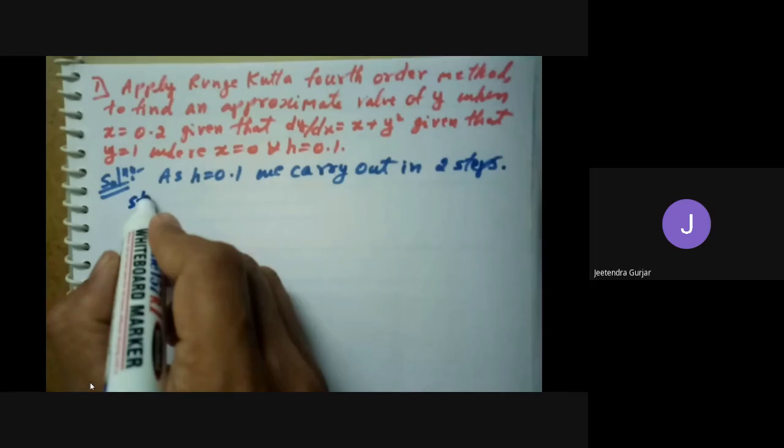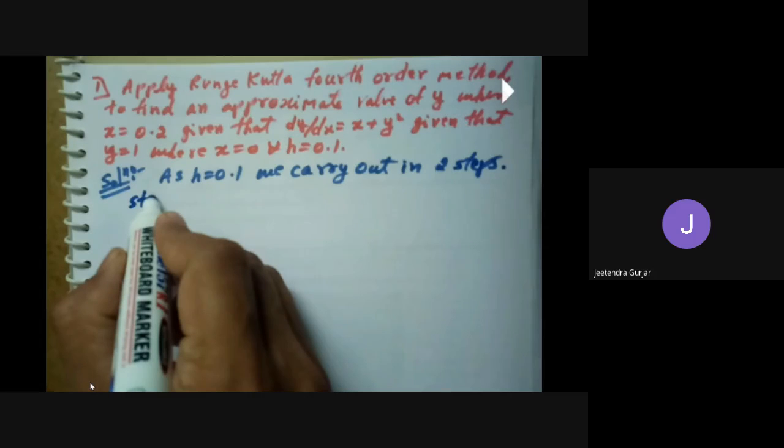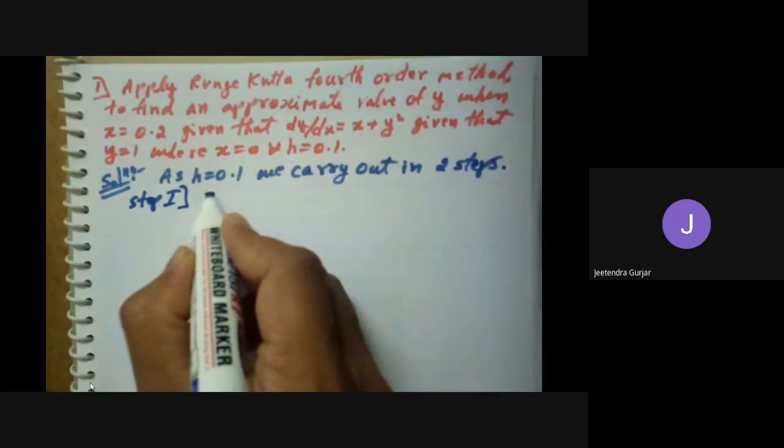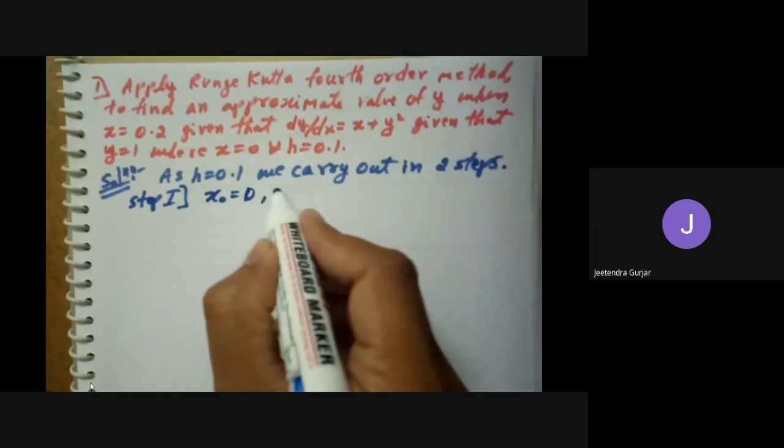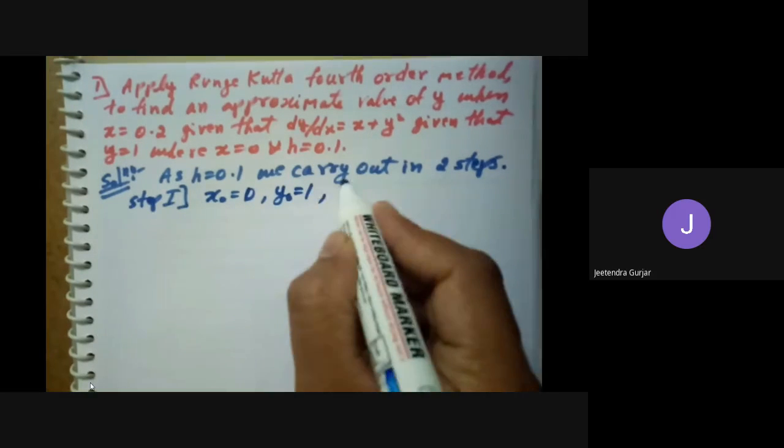Excellent. Therefore, one we have to calculate by taking x is equal to 0, and another one we have to take x is equal to 0.1 because the step size is 0.1. Very good. So I think some have understanding how to identify the initial value problem. Therefore, x naught we are going to take as 0 and y naught is equal to 1.